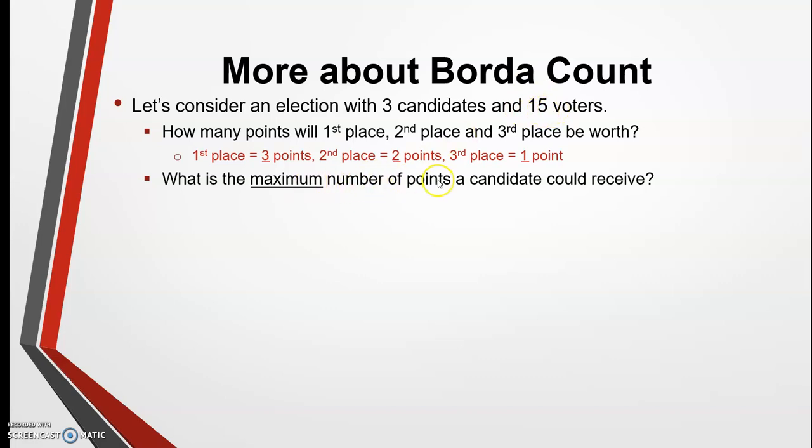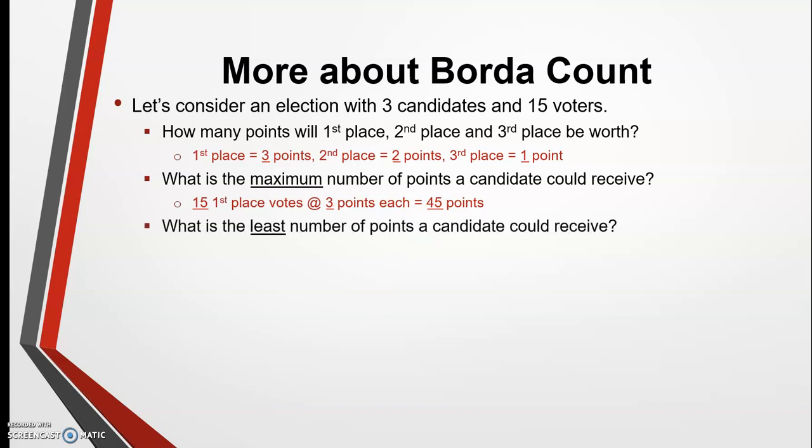So to find the maximum number of points, we're going to take the number of voters times the number of points for each first place vote, which gives us a total of 45 points. The least number of points a candidate could receive happens if the candidate receives all last place votes. So in that case, it would be 15 third place votes worth 1 point per vote for a total of 15 points.